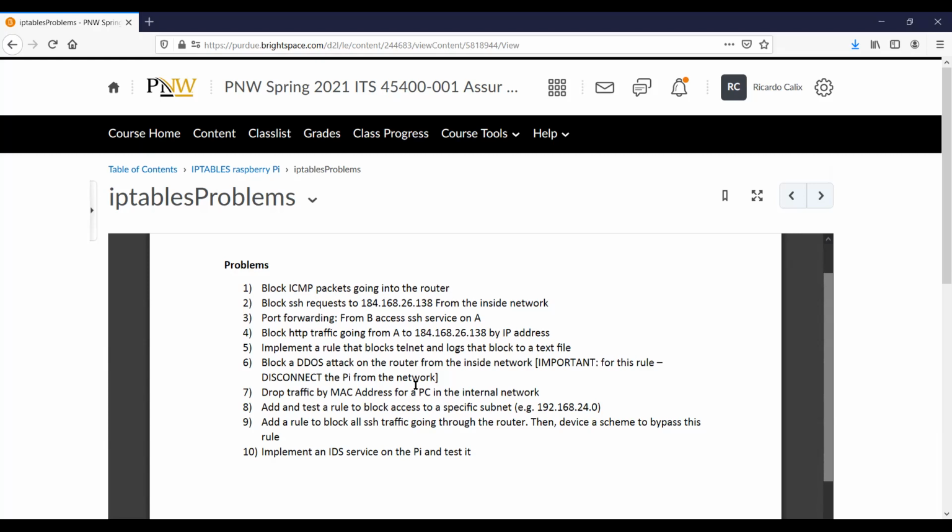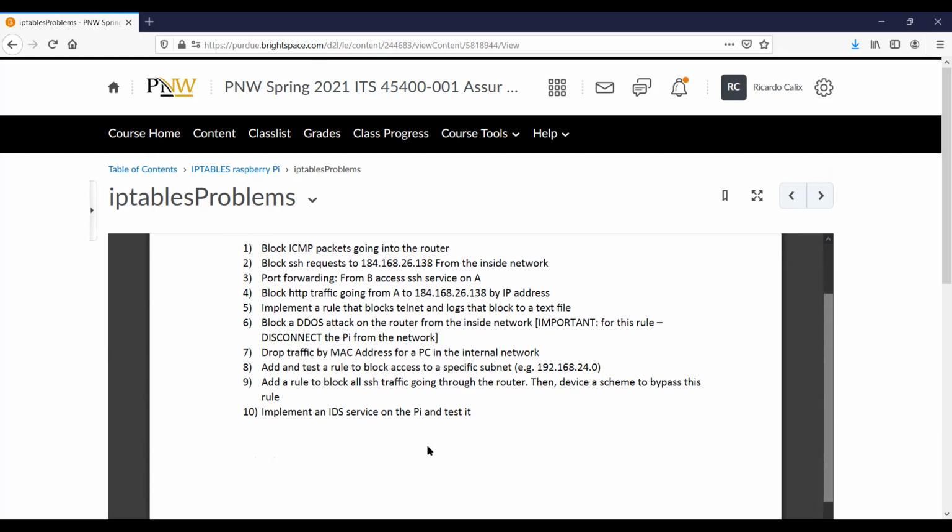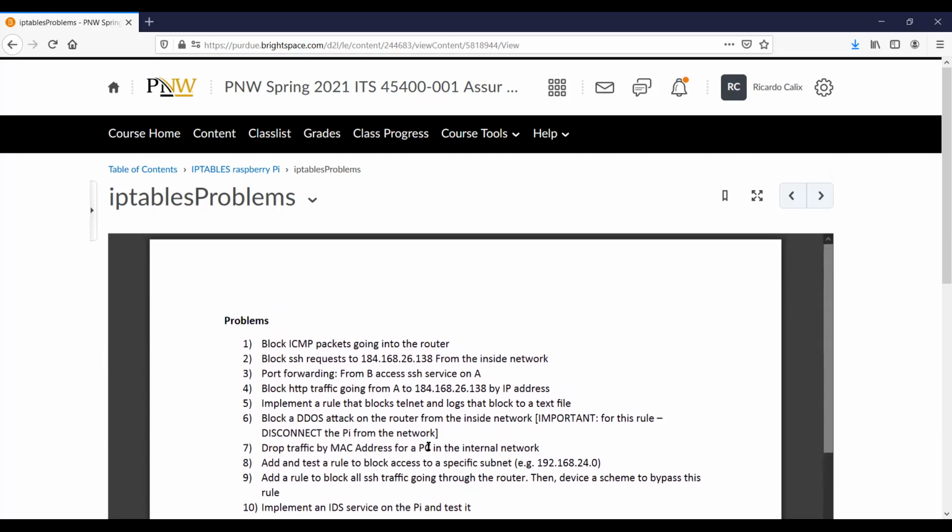And then number 10. Let me think about number 10. I'll update this document. And that's it. These are the rules. So we're almost done with IP tables. I just need to cover the port forwarding scenario. So we'll talk a little bit about that one in the future, because that's a more complex problem.